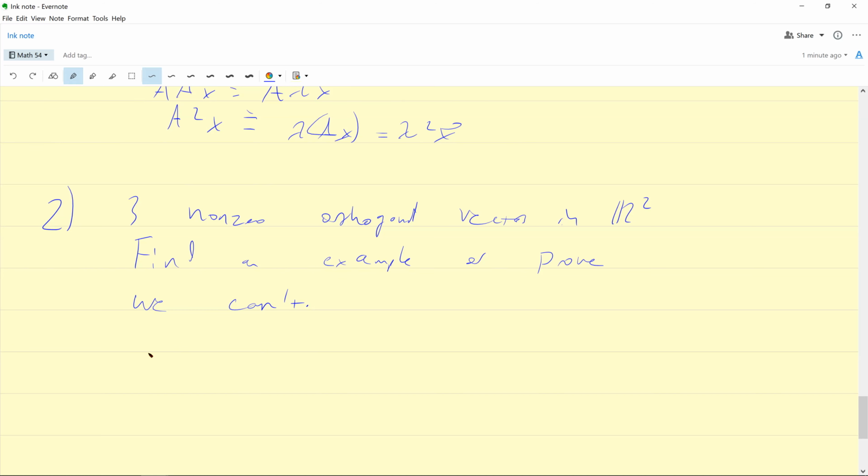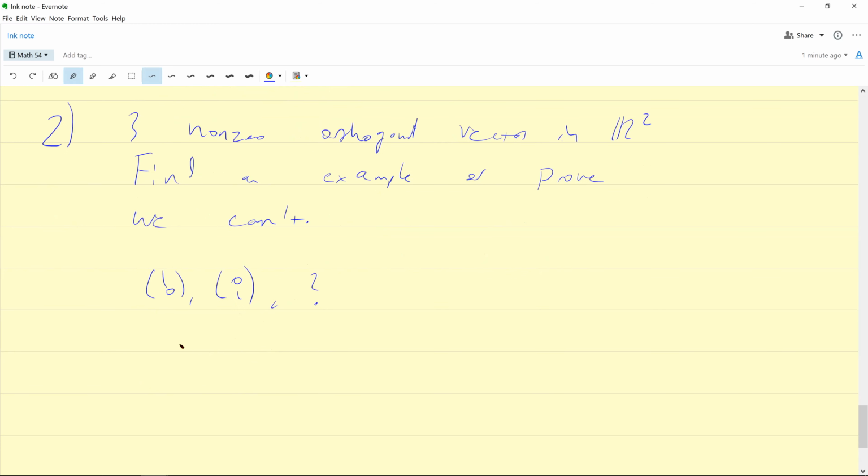So in R2, we just have 2 of them, right? Yes, (1, 0) and (0, 1). We do have that these 2 are orthogonal. Could we find a third vector that's orthogonal to these 2? No. And why is that? That would be in R3.